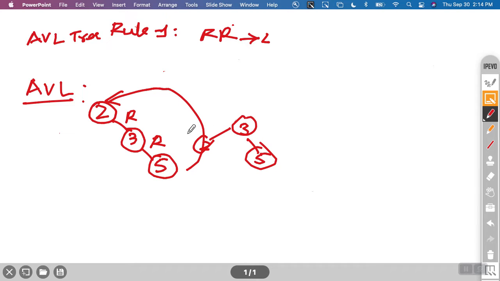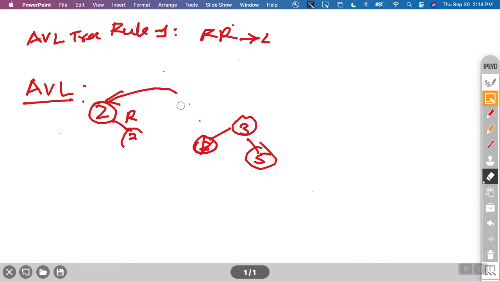Okay, now so 2 over here. So if we encounter, so let me remove this. Sorry, we need this one.